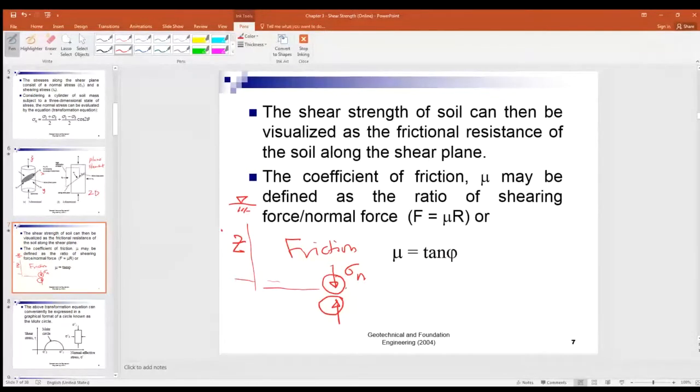Now, if you want to move it in this way, what will happen? You have to overcome the friction. Here's the friction.